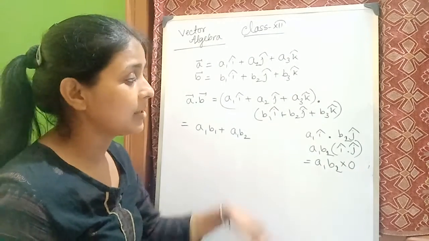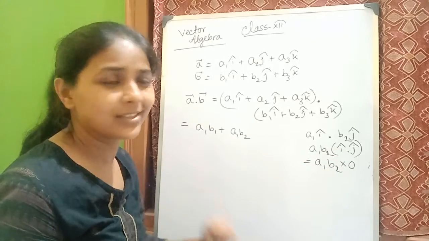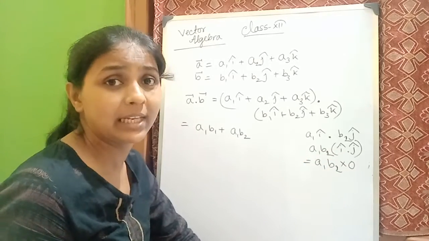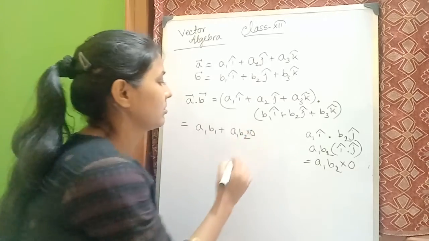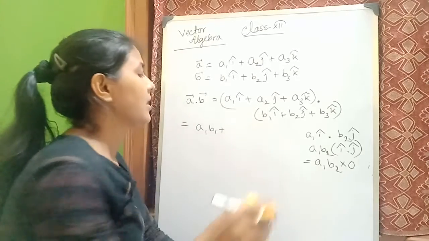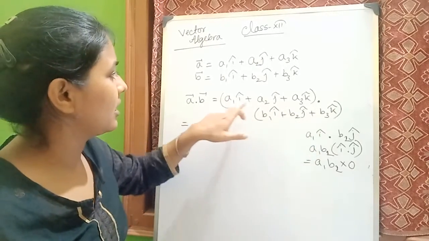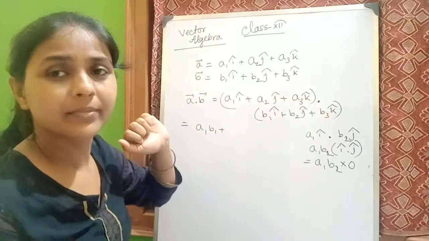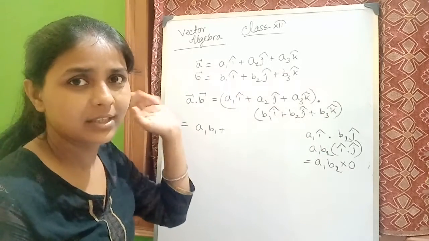We have already done this, because these two are perpendicular vectors, and perpendicular vectors have dot product 0. So this is into 0, and ultimately it vanishes. Then similarly A1 B3 into i dot k. i dot k is also 0, so that also vanishes.